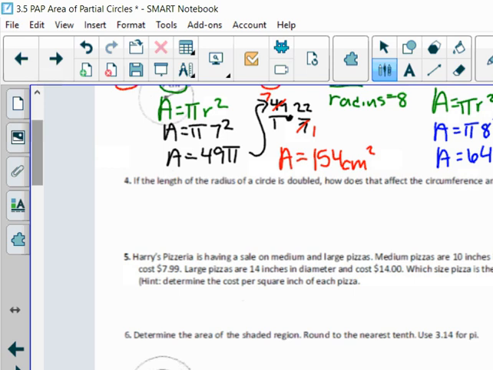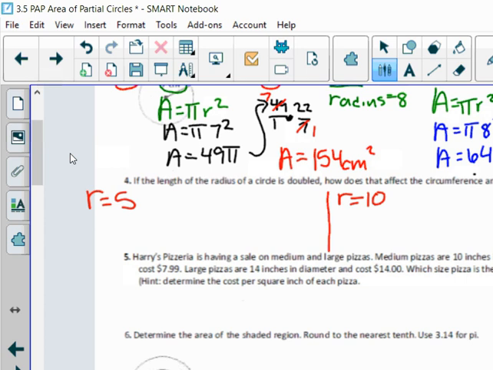I love 5. Let's start with the radius of 5, and we're going to see how that changes when I do what to the radius? Double it. So that second radius is going to be 10. Okay? We want to see how that affects the circumference and the area of the circle.